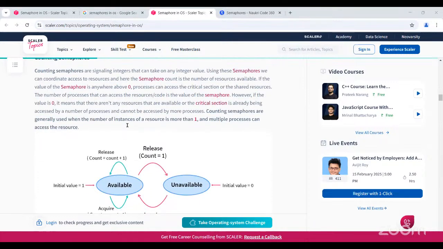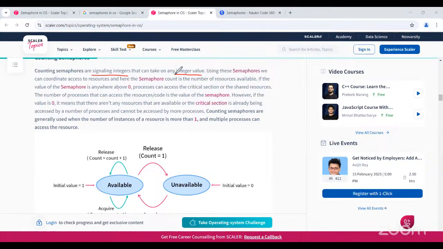Next one is the counting semaphore. The counting semaphore is a signaling integer, so it can take any integer value.